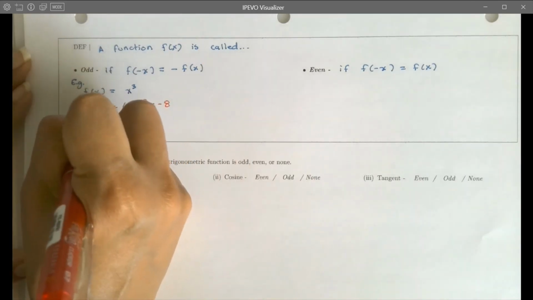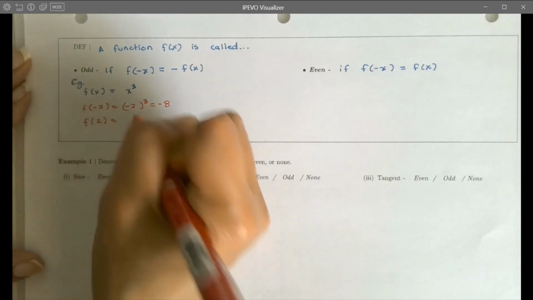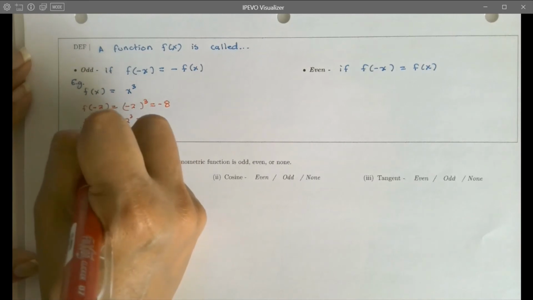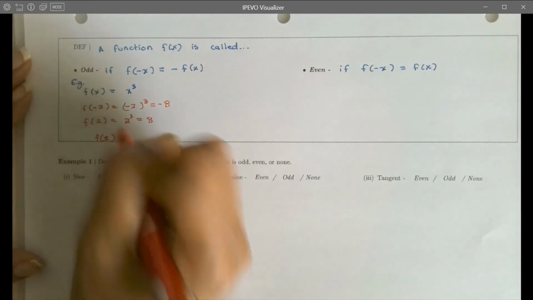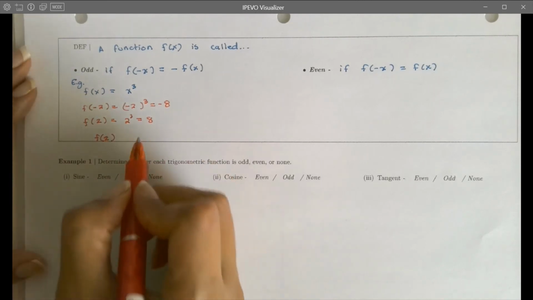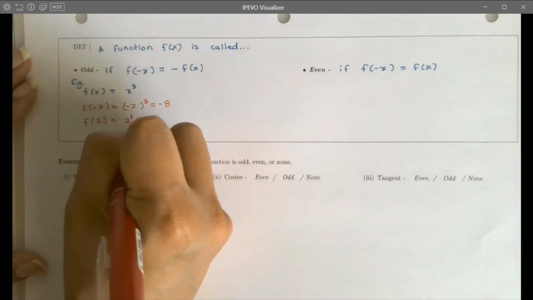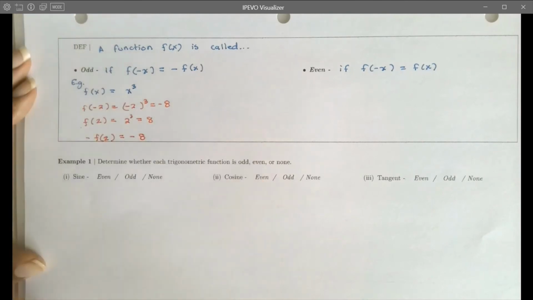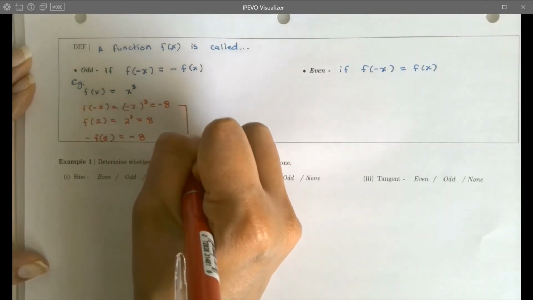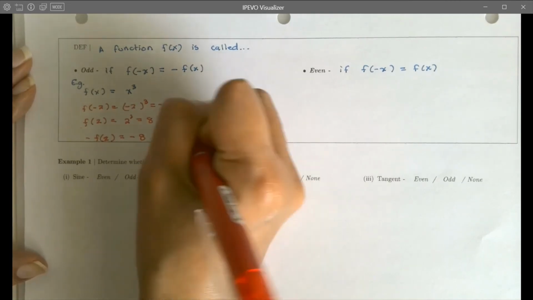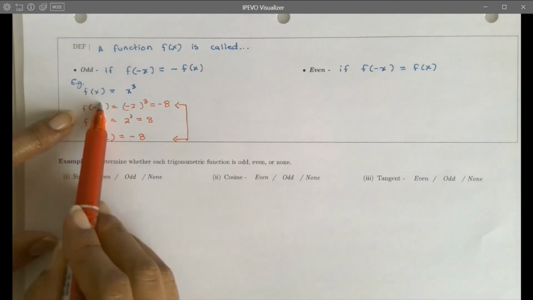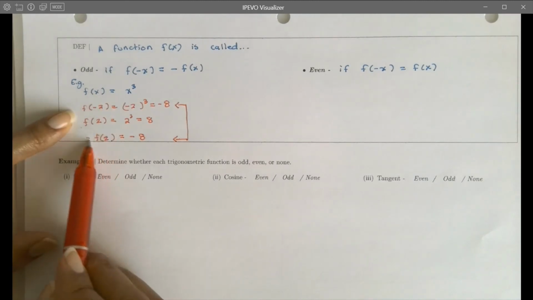If I take a look at what is f of 2, I'll get 2 cubed, which is 8. So if I take f of 2 and I multiply it by -1, that's going to give me -8, right? So if you notice, both of these are the same answer. That means that f of -2 is the same thing as negative f of 2.